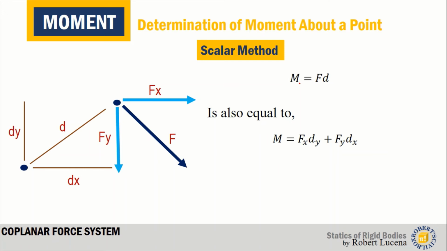Therefore, the moment that is supposed to be force times the perpendicular distance could be rewritten in this manner for ease of computation, wherein M is equal to its component Fx times the perpendicular distance dy and another component Fy times dx.